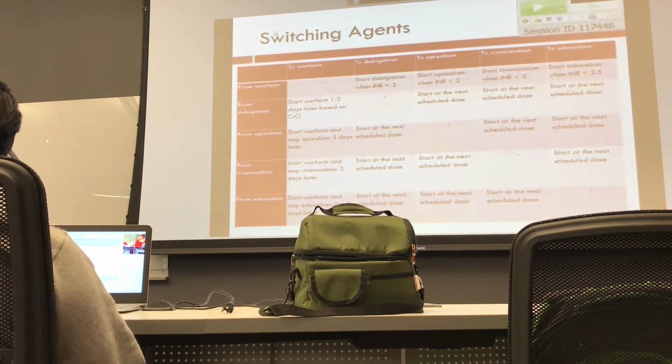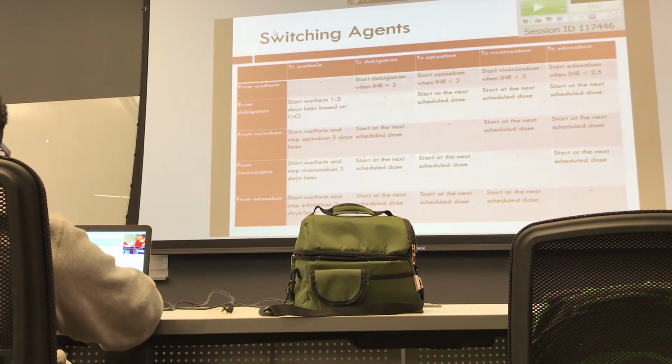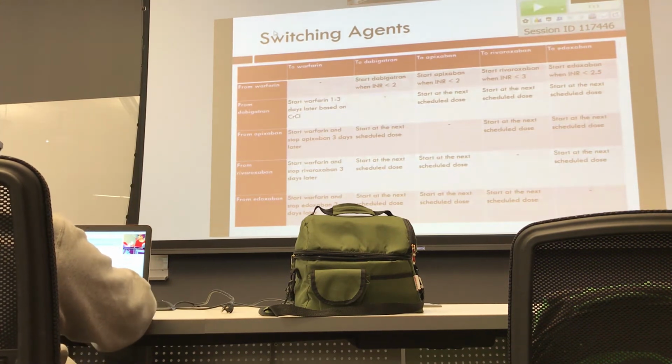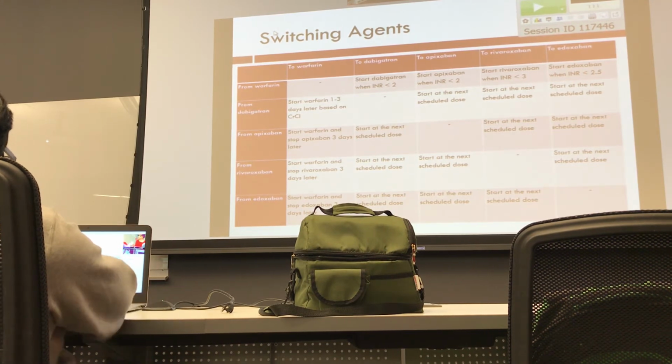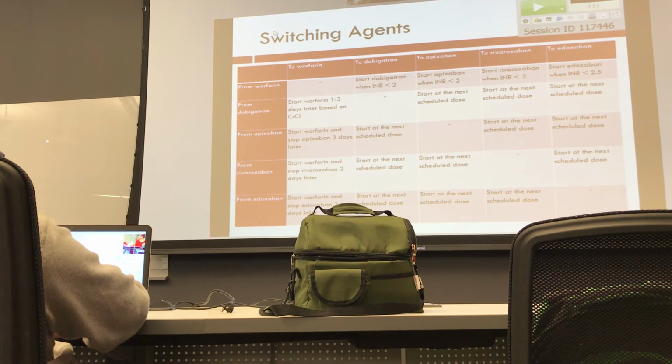And Casey brought up another point when she read the guidelines: your DOACs can affect your INR to some degree, so you don't know how accurate the INR is. But if you switch them to Lovenox, Lovenox does not affect the INR, so you would have an accurate INR.